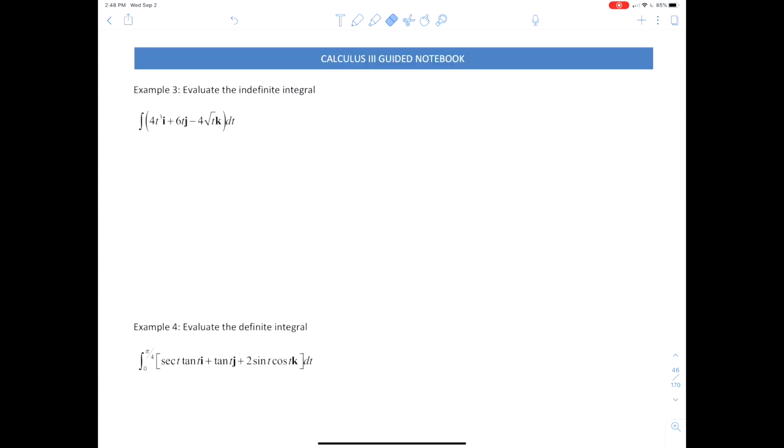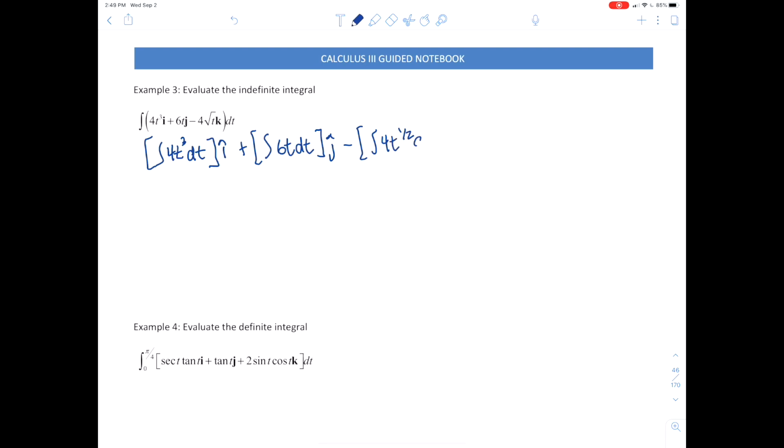So let's go back and take a look at this example. For this one, we're going to get the integral of 4t cubed dt times i, plus the integral of 6t dt times j, minus the integral of 4t to the 1/2 dt times k. All right, what are we going to get for this one?